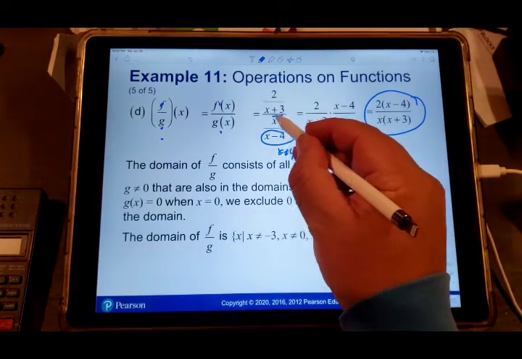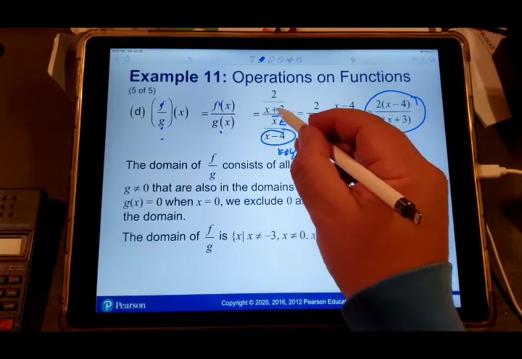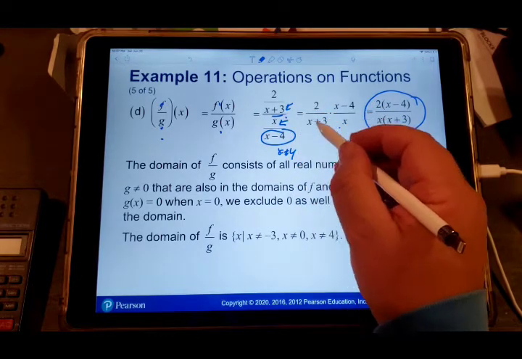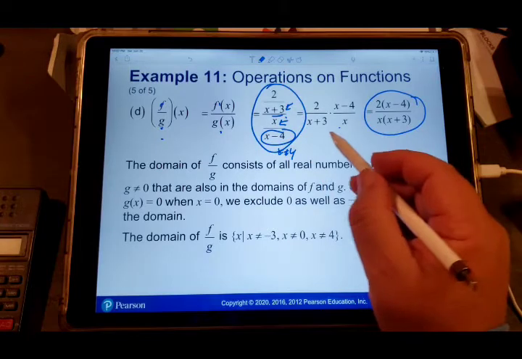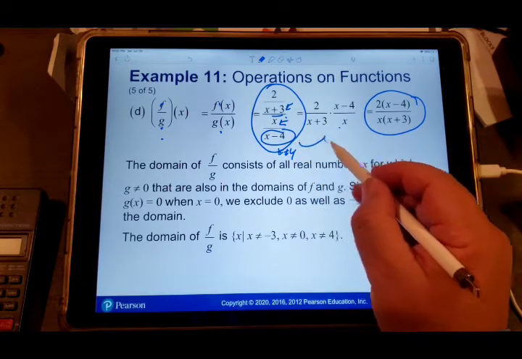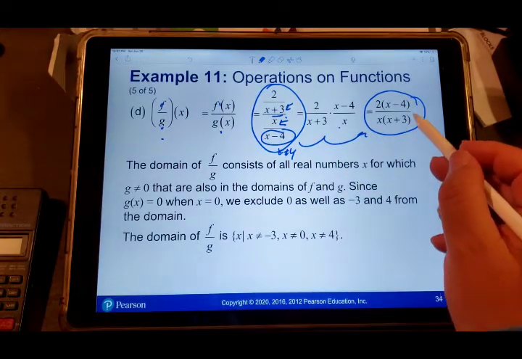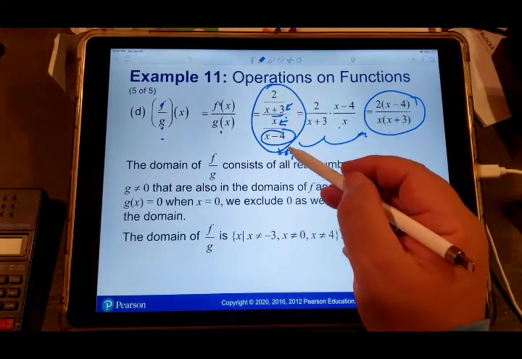And if I look under this line, x cannot equal 0. If I look under this line, x cannot equal -3.